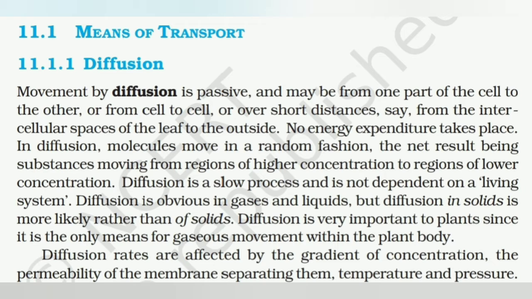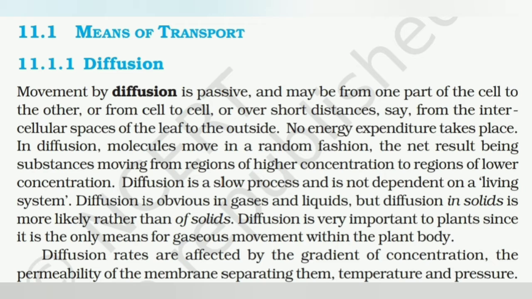In diffusion, molecules move in a random fashion, the net result being substances moving from a region of higher concentration to a region of lower concentration. Diffusion is a slow process and is not dependent on a living system. Keep in mind, in a non-living system also diffusion can occur, that is, a gas diffuses in the atmosphere.